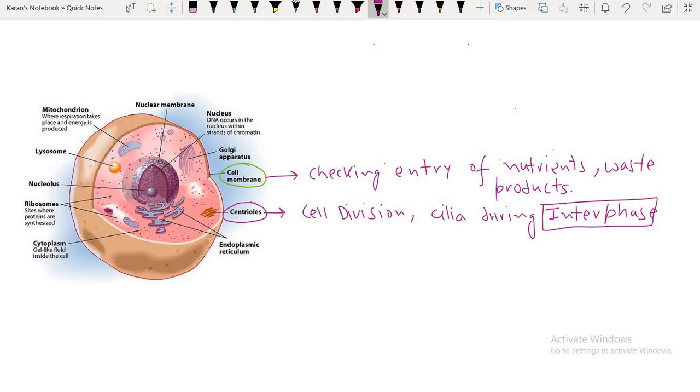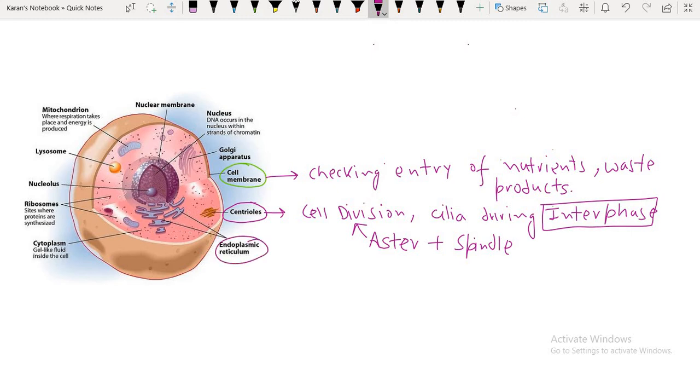It is I phase and the other part is M phase. So in interphase it produces cilia. This is the functioning of centriole, and moreover they produce two more things. One is aster plus the other one is spindle. So spindle formation they also do. That is why centrioles help in cell division.